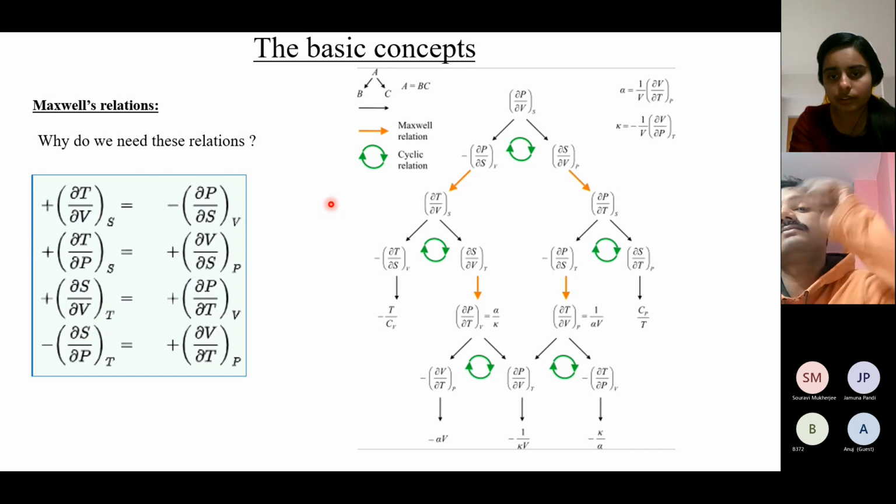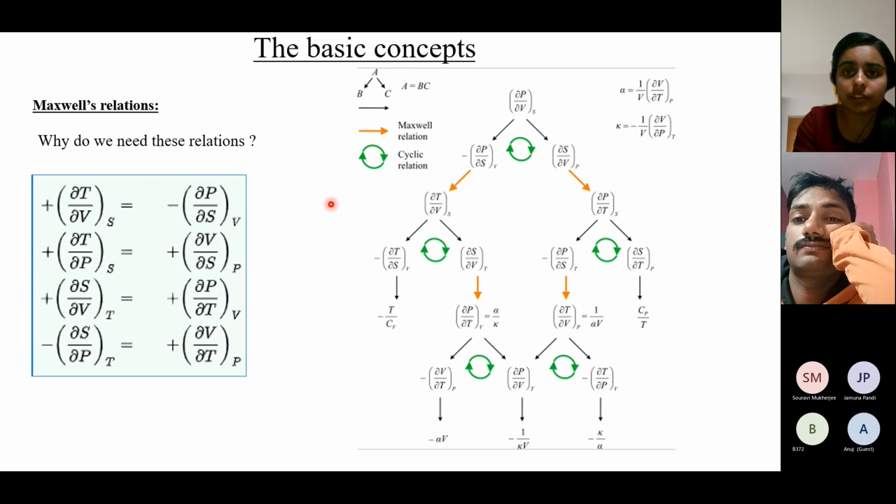Okay, so now if you have to find an expression for entropy given these known quantities, how do you do that? So there come Maxwell's relations, which help us to relate the quantities which are not actually measurable in lab to the quantities which can be measured. So in this way, these Maxwell's relations can be useful.